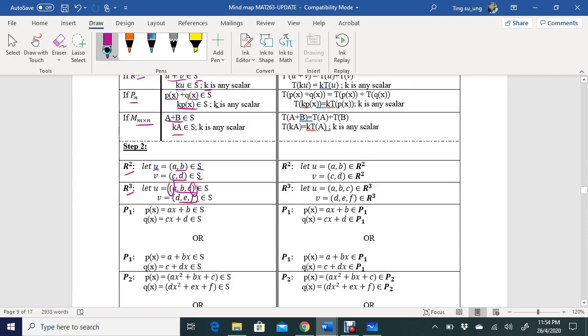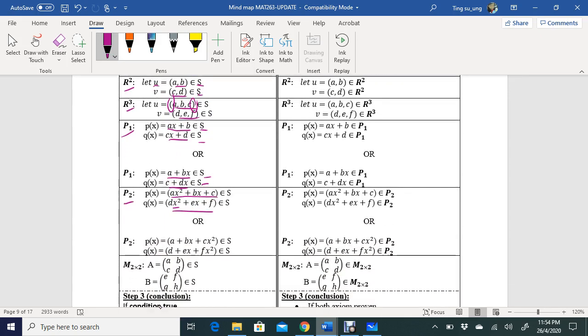Again, P1 means linear, so either you start with ax plus b, or you start with a plus bx. Follow the pattern in the question. If P2, you will have quadratic. If you start with x squared, your q(x) will start with x squared also. If you start with a constant, you will start with d also.